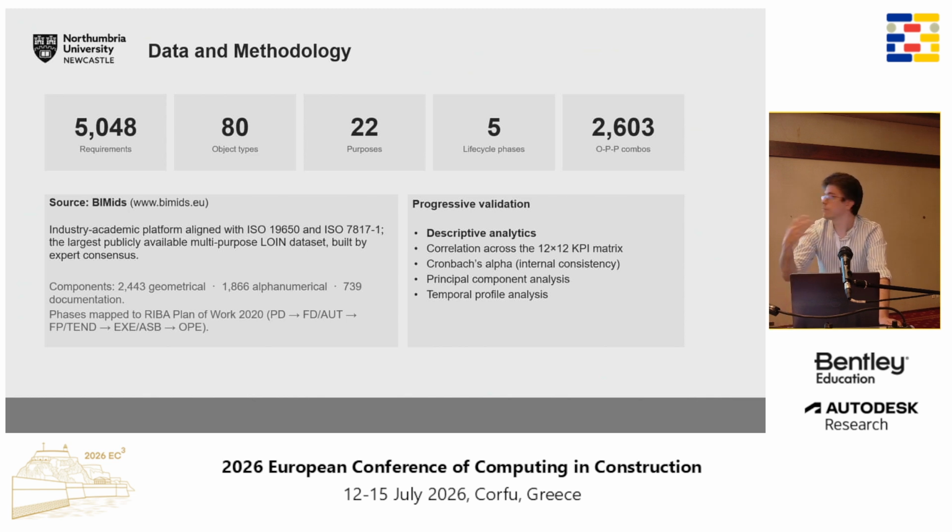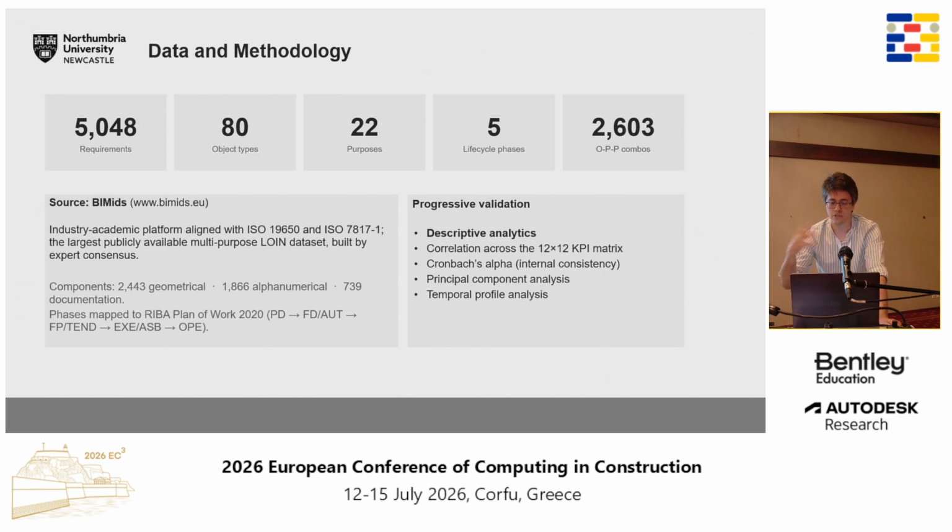So in the end, we ended up with around 5,000 requirements across 80 objects, 22 purposes, and 5 phases that we mapped, because we are from the UK, to RIBA, but that could be changed. And in the end, you end up with over 2,600 different triples that contain that object to phase to purpose combination.